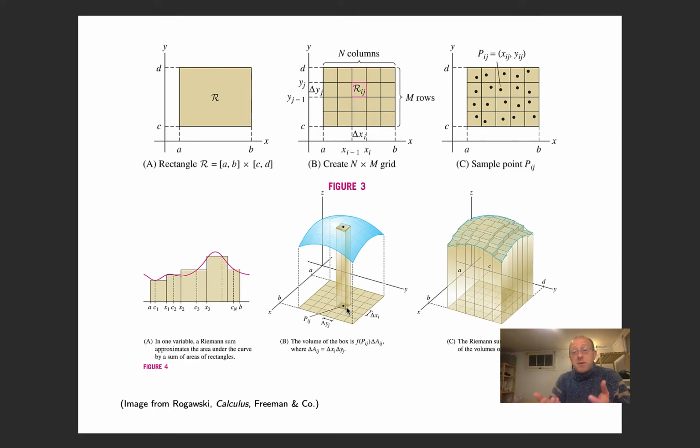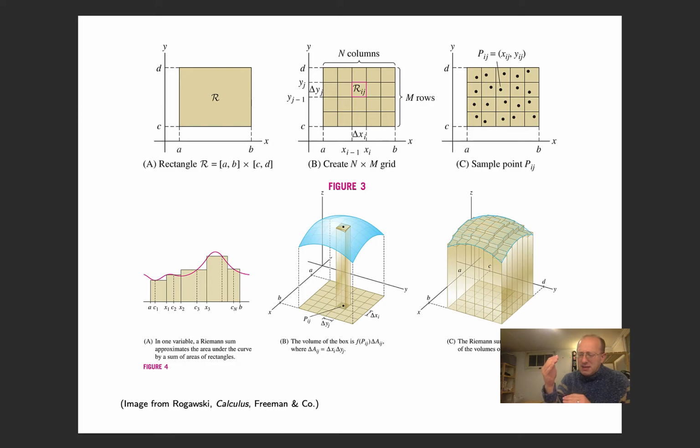That's the volume of that box. In the last part of this drawing, they've drawn all the boxes. It's a little hard to see every single one of them, but you can sort of see how all the boxes are there. And the Riemann sum is to add up the volumes of all those boxes. As you can see, that would be an approximation to the volume under that graph, between the xy plane and the graph.